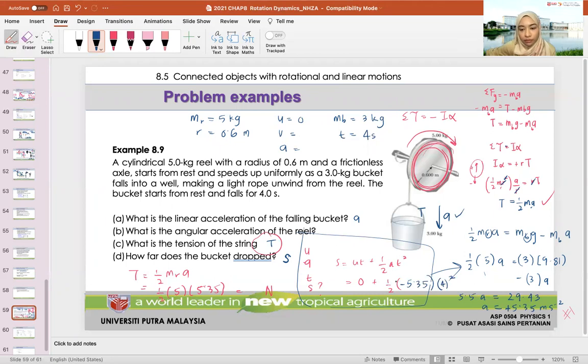So 1 over 2 times minus 5.35 times 16 will give you something that is negative. So S is negative. Therefore, it is moving down. The displacement is going down. Kalau dapat displacement positif, maksudnya tengah naik atas. So that does not make sense, right? Because we said that the bucket is falling. Okay.